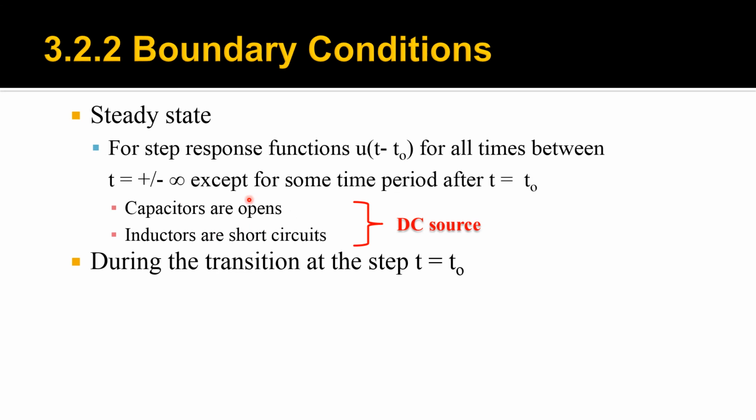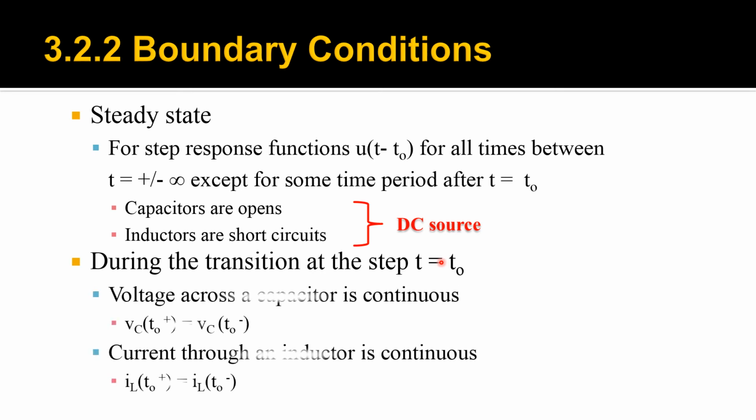Next, during the transition at the step t equals t naught, voltage across a capacitor is continuous, so you just take this value, which is similar to the one that you found as the initial condition. And the same for the current through an inductor, which is continuous, so we can consider IL(t0 positive) equals IL(t0 negative).